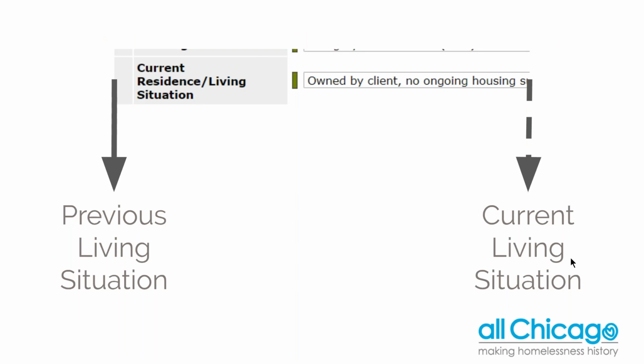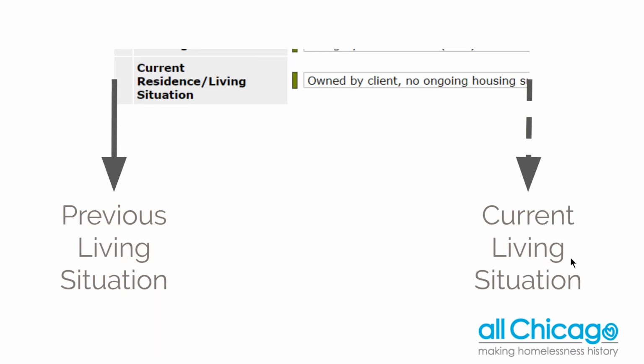Let me toss out a scenario where our client may be entering an emergency shelter, and the night before, they're typically sleeping on the CTA. For the most part, they're always sleeping there, and this was the first night that they stayed in shelter.